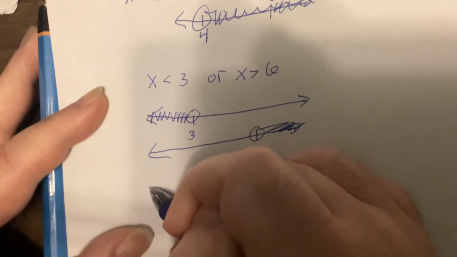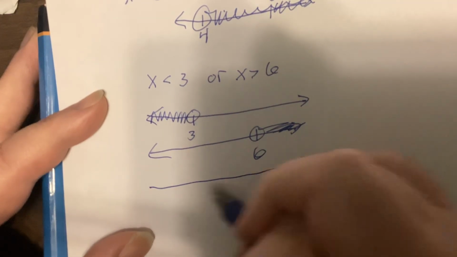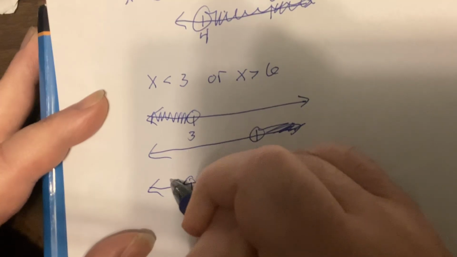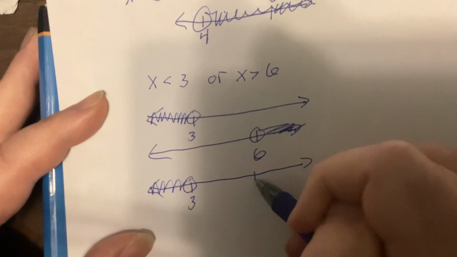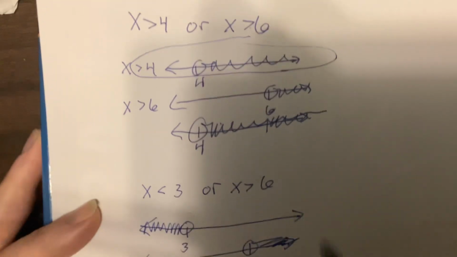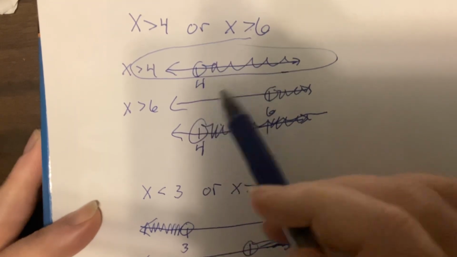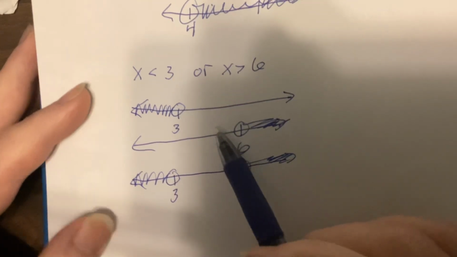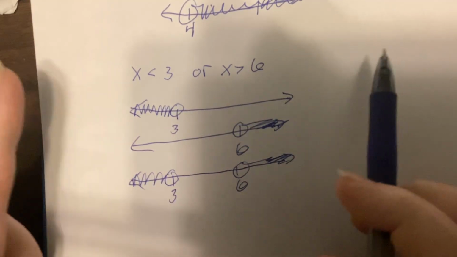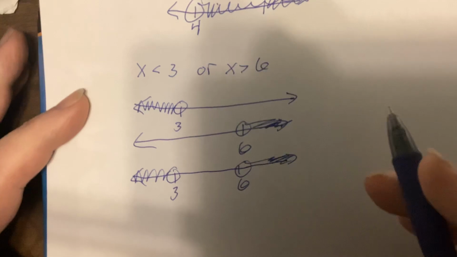So the final answer is wherever there's shading. So it's 2 dots going away from each other. So same direction, it's the longer one. If they're going opposite, different direction, it's 2 dots away, 2 dots away.